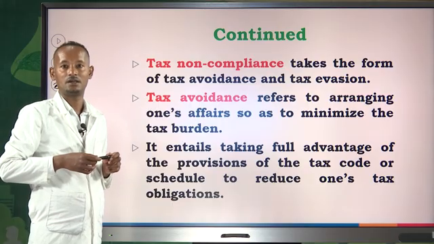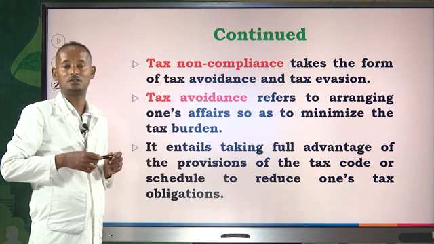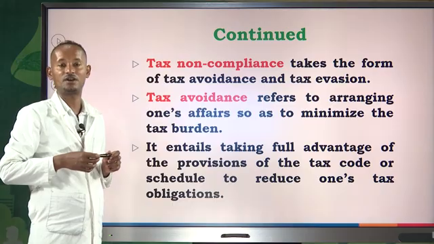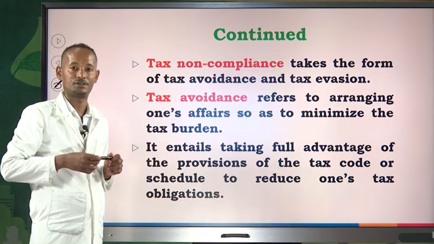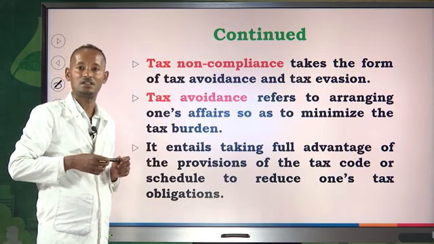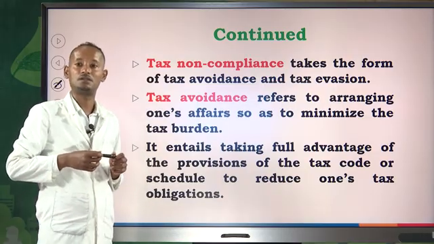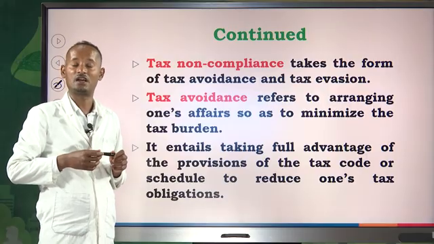In this case, there is tax avoidance. That means the individual arranges his affairs so as to minimize his tax burden, in order to pay 2% or 10% of his annual transaction or profit. So, tax avoidance is arranging one's affairs so as to minimize the tax burden. Since it is minimizing the tax burden using the provisions of the tax law, this tax avoidance is legal.